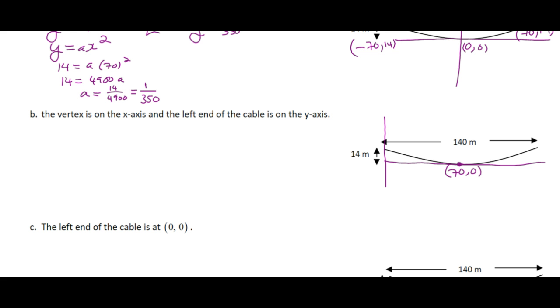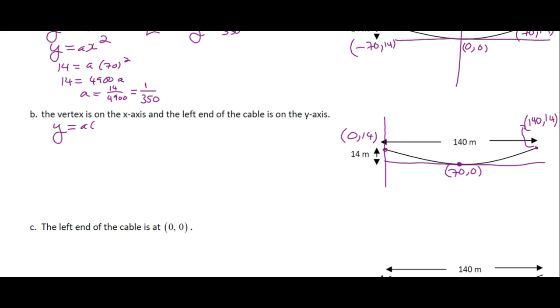It's halfway. It's 140 meters, but the vertex is in the middle. Okay, so 70, 0. And what's this point? 140 and 14. And what's this point? 0, 14. Okay, so I don't know about you, but I'm picking the point 0, 14, not 140, 14, right?